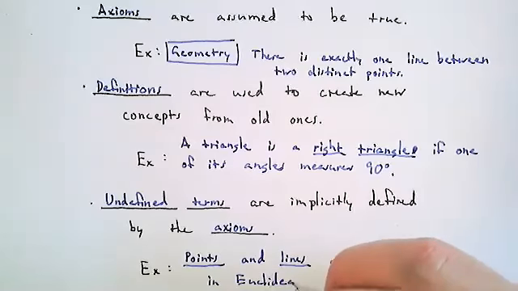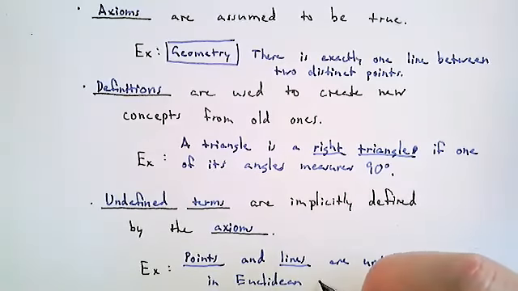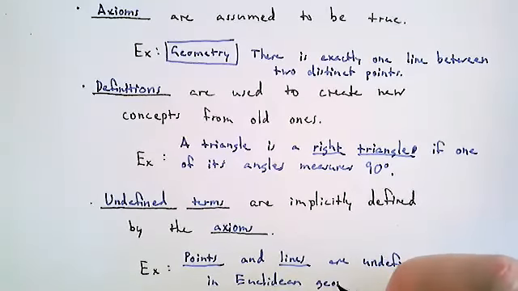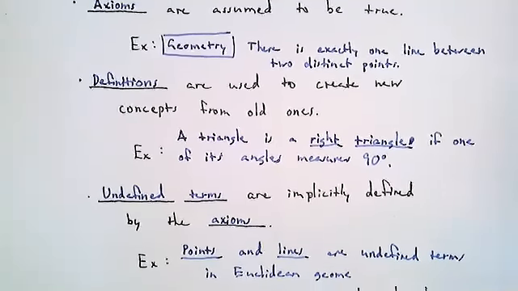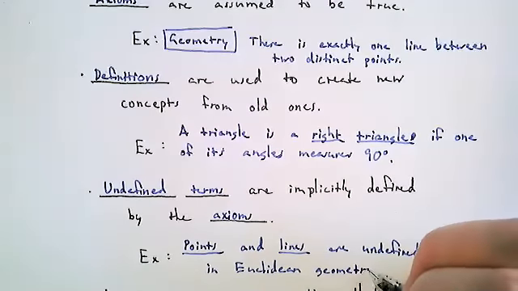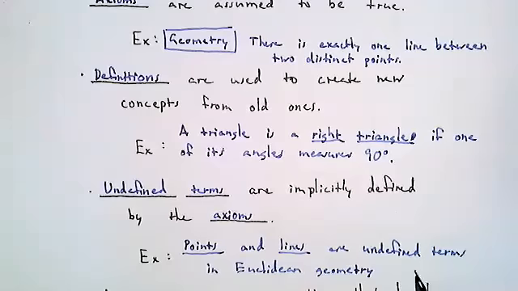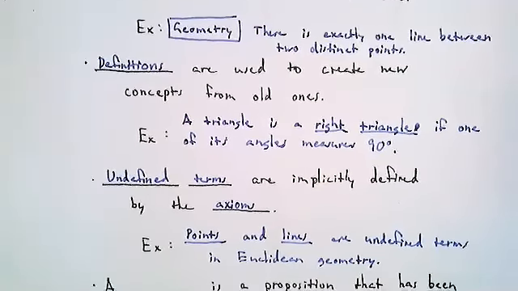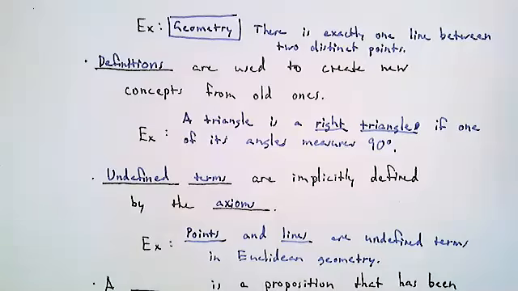I'm going to say Euclidean geometry here. It's not really important. What I mean by Euclidean, it refers to the kind of geometry that you learned in high school. But there are other kinds, so I have to be specific. Okay, so that's the basic idea.